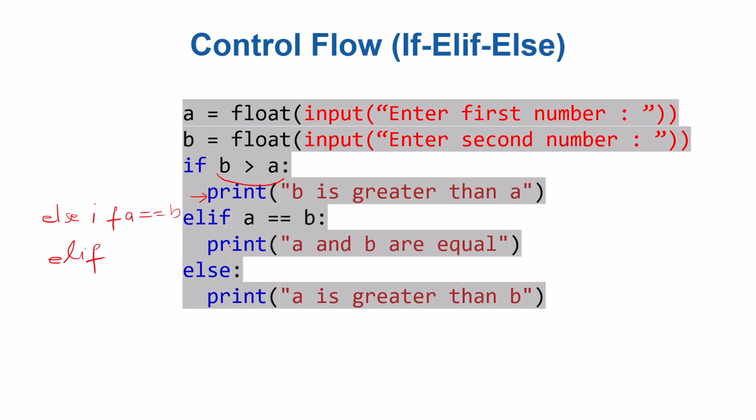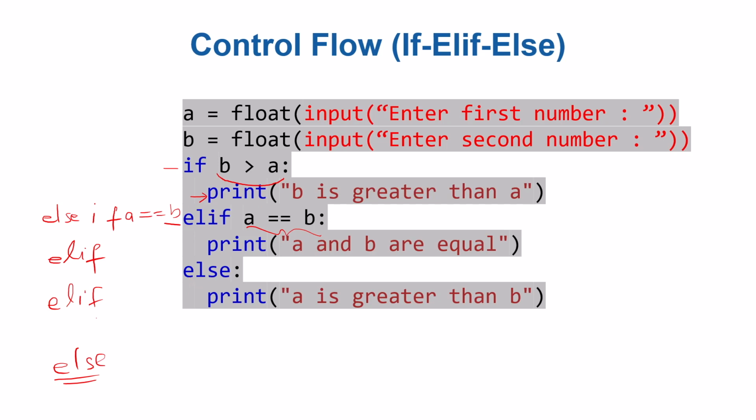We can have several checks, and then else. Else will only execute if all the if conditions or else if parts on top are false, and only then will else be executed.